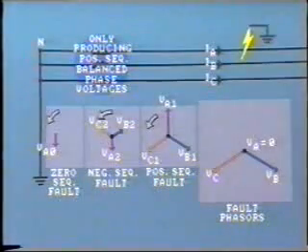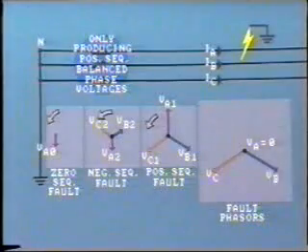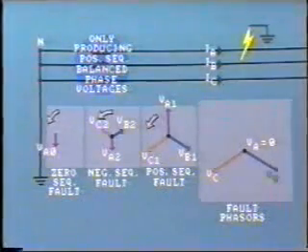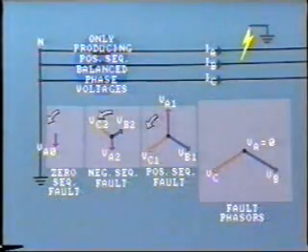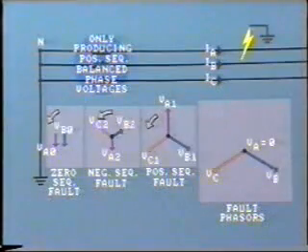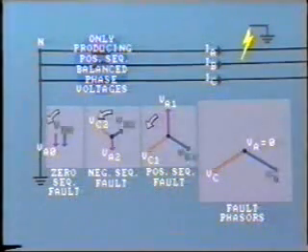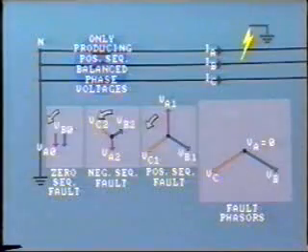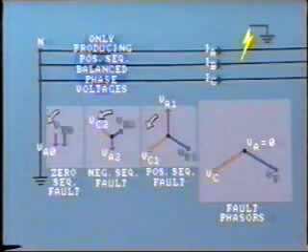Now let's look at the B phase components. We know that this phase voltage, VB, remains unchanged. Thus, the fault voltage, VB, is the sum of VB1, VB2, and the missing component, VB0. Check in your workbook to verify that these phasors add to give VB.